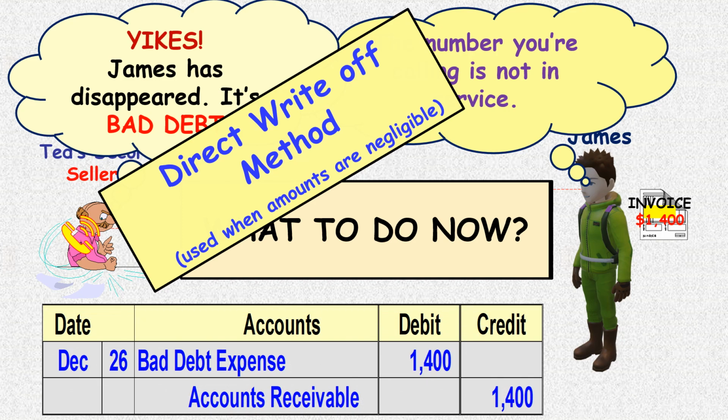A direct write-off involves debiting the bad debt expense account and crediting the account receivables account. So the non-payment by James, if accounted for under the direct write-off method, will be a debit to expense, which we call bad debt expense, and a credit to receivables.